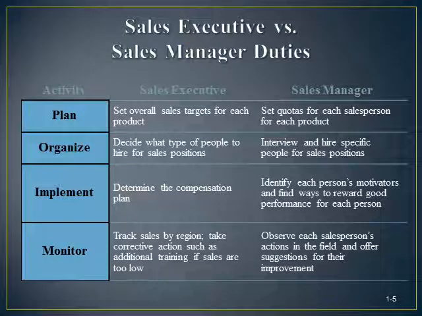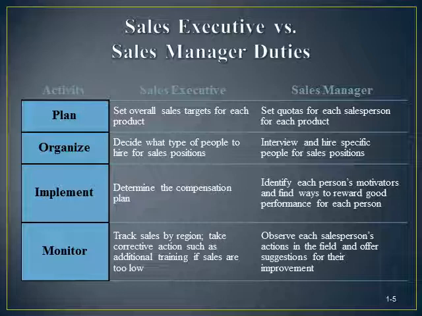If we need to check the difference between the sales executive and the sales manager, in planning, the sales executive sets the overall sales target for each product, whereas the sales manager sets quotas for each salesperson for each product.